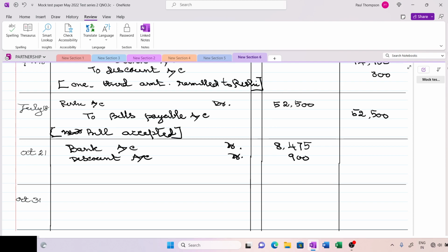All of us know that he has taken 45,000 remitted with a bank and remitted to Rishi only 15,000. So 30,000 is already balanced. Now he received 8,475. So for the total amount received, he has to make discount. Okay.